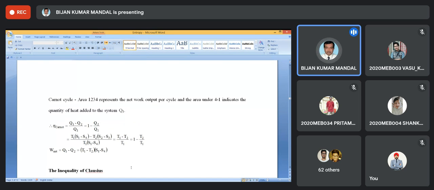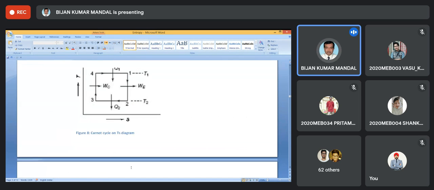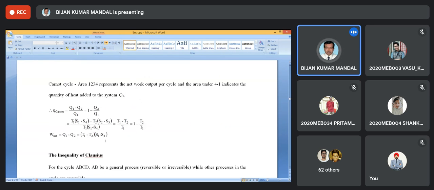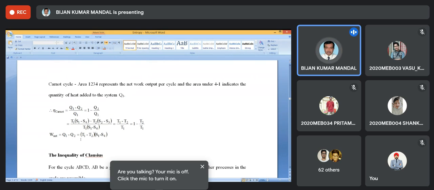And you can see that S2 minus S3 is same as S1 minus S4, right? So the entropy change in both the cases is the same, therefore they get cancelled, and you get the well-known expression for Carnot cycle, that is 1 minus T2 by T1. And of course, you can get W net, that is Q1 minus Q2. So if you write in terms of temperature and entropy, it will be like this.